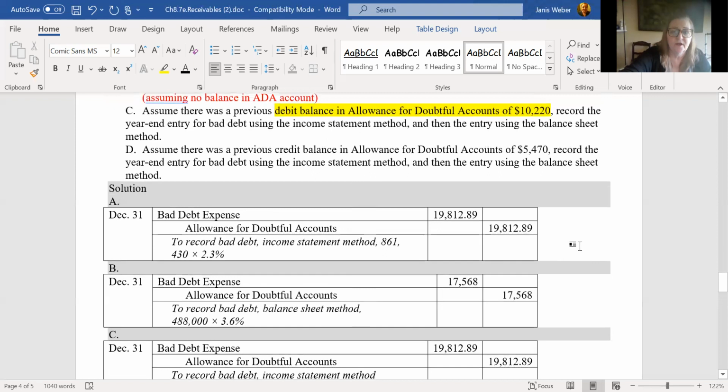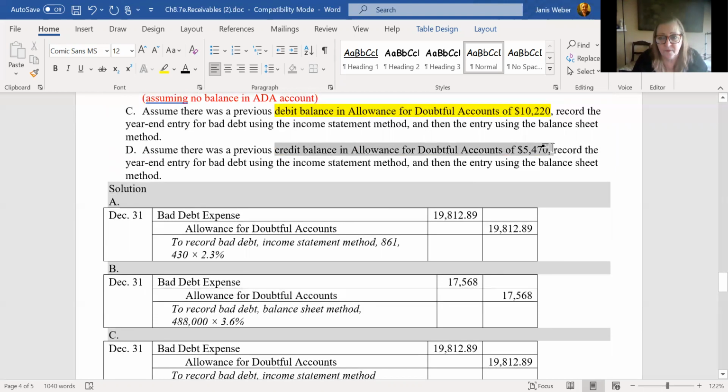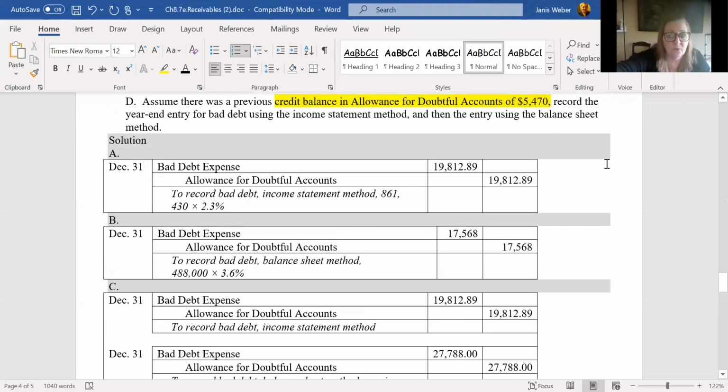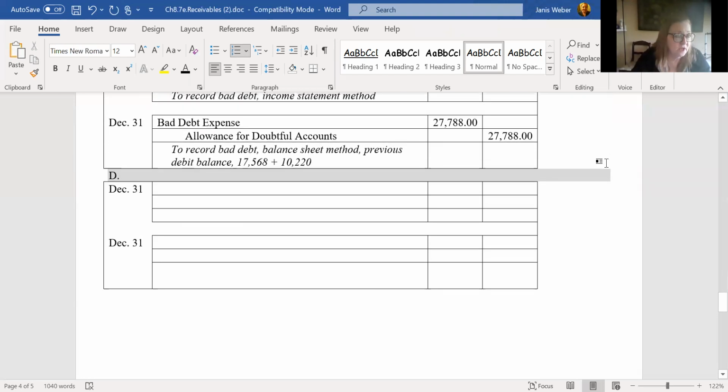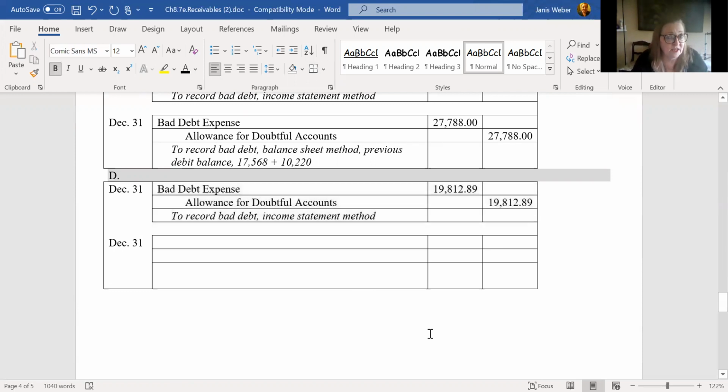Okay, now D, assume there was a previous credit balance in the ADA account of 5,470. So this is a normal balance for ADA, 5,470. So what would be the two entries? Under the income statement method, it would still be exactly the same, because we don't take into account the ADA balance when we adjust for using the income statement method. We only use credit sales and the bad debt percent.